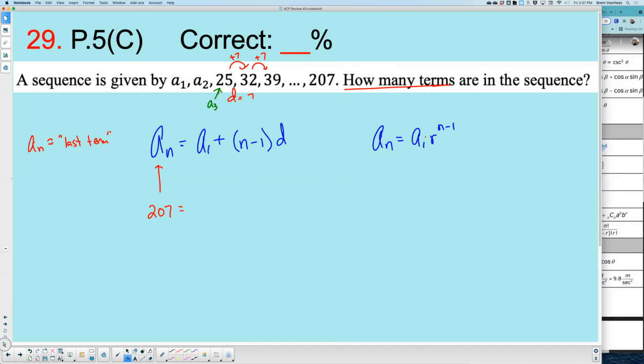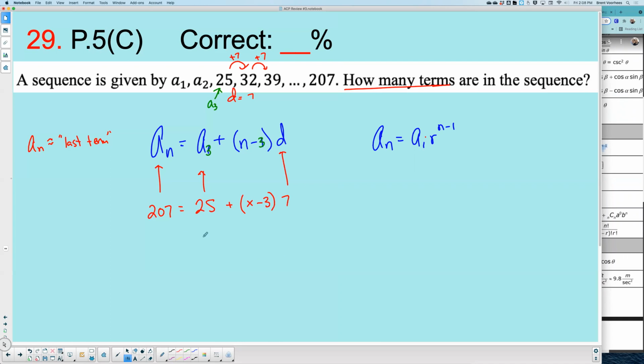So if I'm going to use A3, I need to change this to n minus 3. A3 is 25, plus, we don't know what n is, so I'm going to use an x, minus 3 times our common difference of 7.